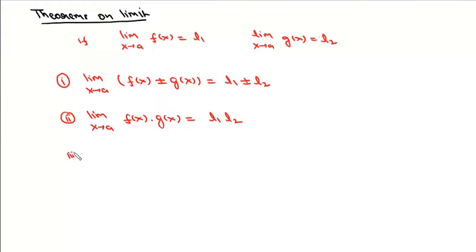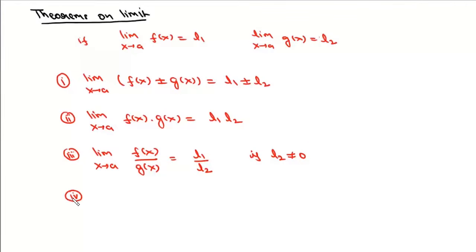Third one is this limit x tends to a f(x) upon g(x). It will be equal to L1 upon L2 if L2 is unequal to 0.